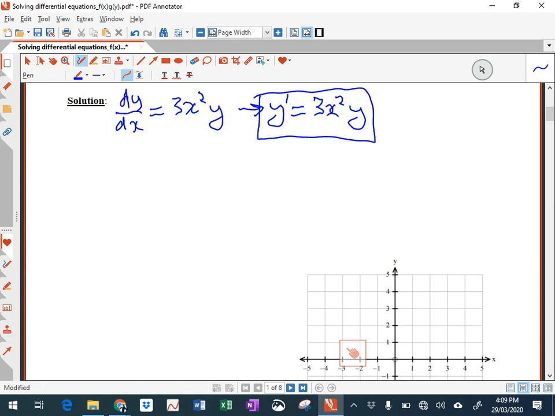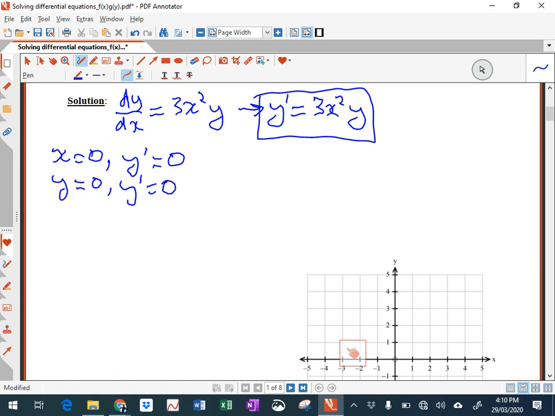Okay. Now, first things first, we're going to look at some points. I would start off by saying, let's look at the obvious ones. So, if x equals 0, y dash equals 0. And if y equals 0, y dash equals 0.